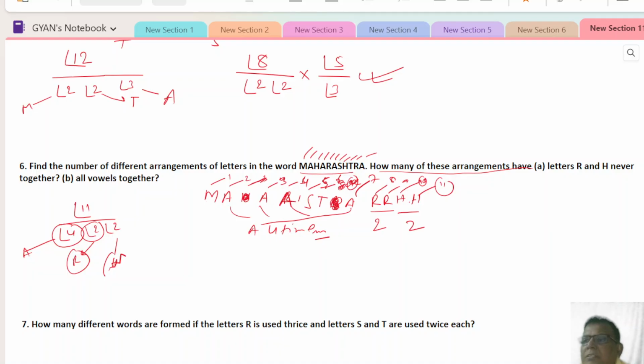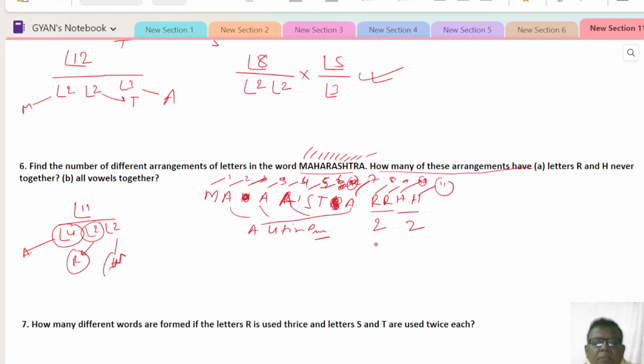Now R and H should never be together. So what is the condition? Letters R and H should never be together. So let R and H be together. Make R and H together.